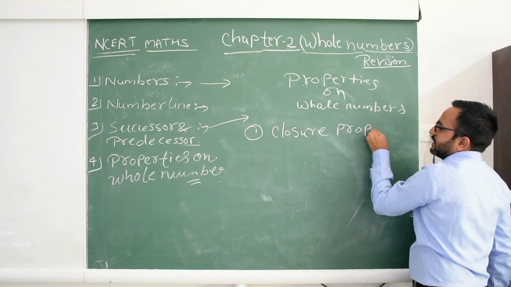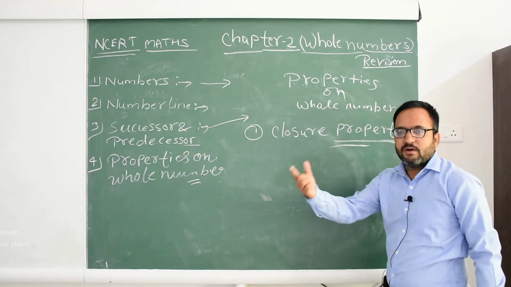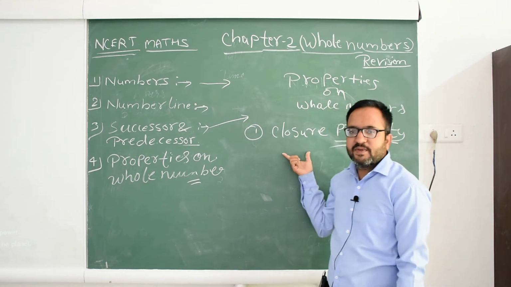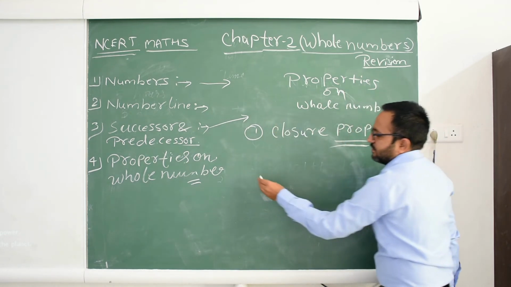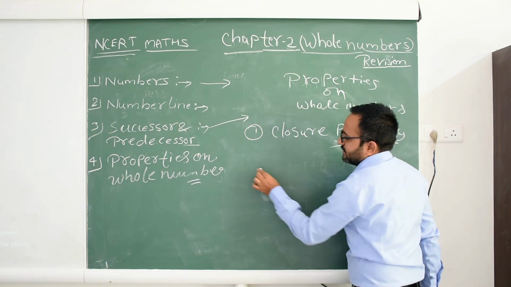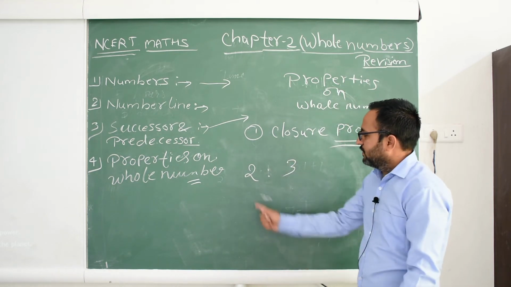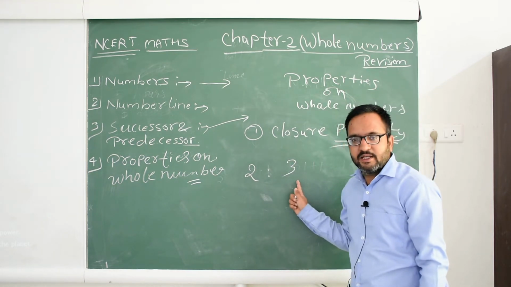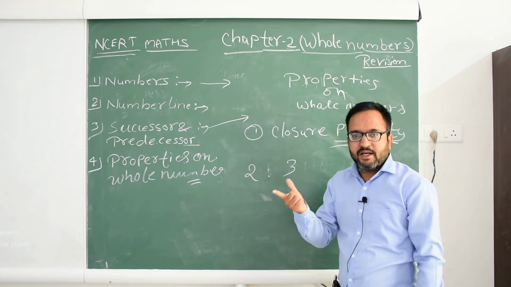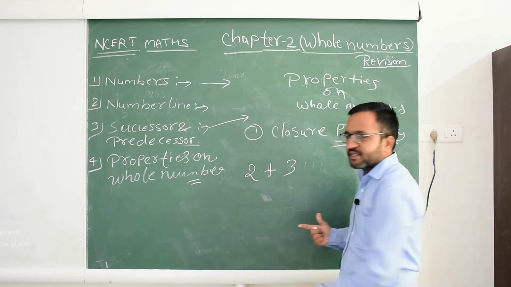Okay, so first we discuss closure property on whole numbers. What is the closure property? If we take two whole numbers, that means 2 and 3, 2 is a whole number and 3 is another whole number, and perform any operation, first we perform addition.